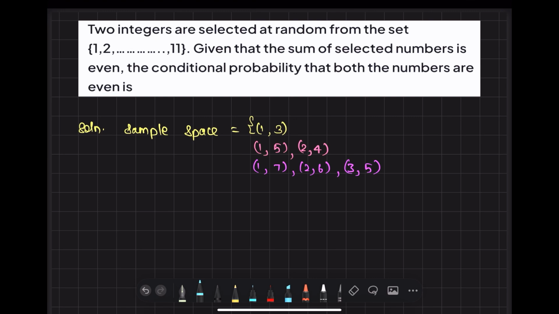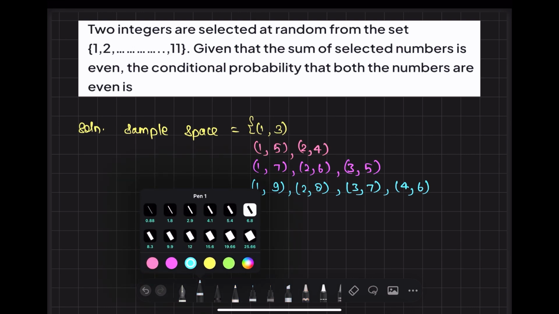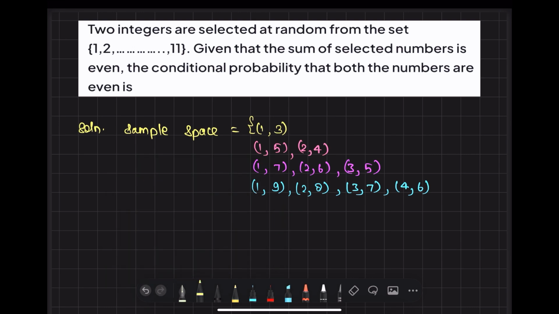Now we will go with 10. If it is 10, I can go with 1 and 9, then 2 with 8, then 3 with 7, then 4 with 6, then 5 with 5. That is not allowed. So 10 is done. Now 12.